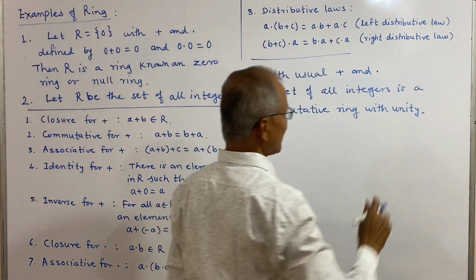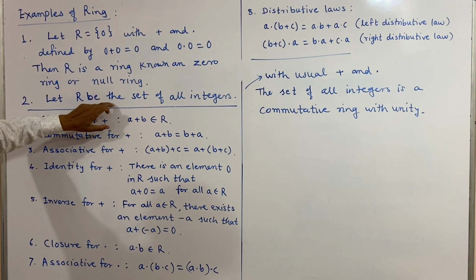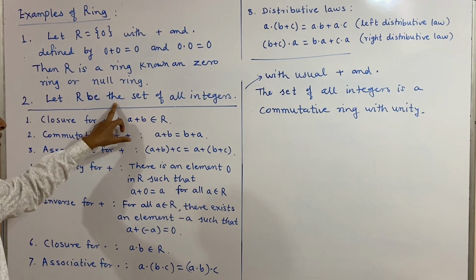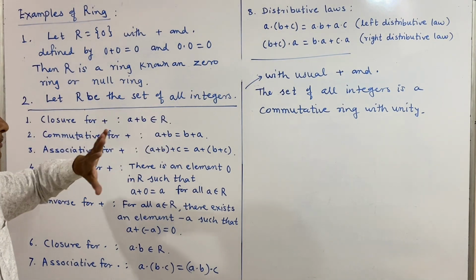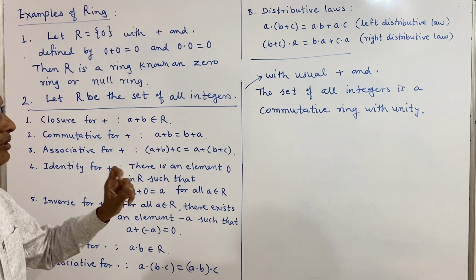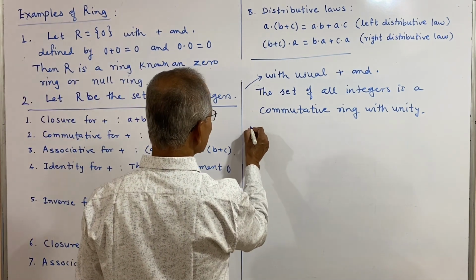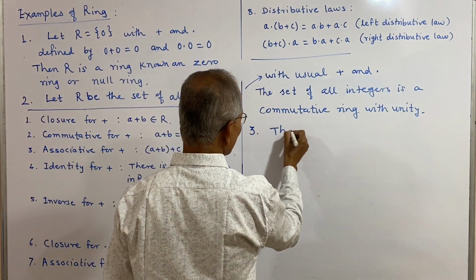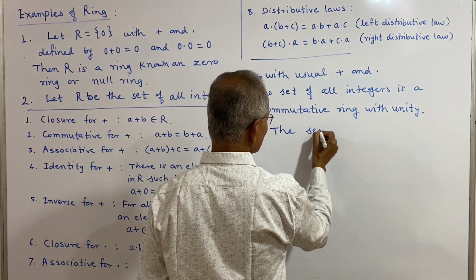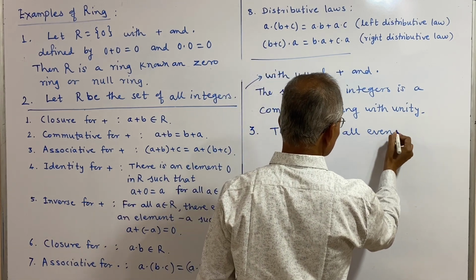So this is our simple example. This is a non-trivial simple example. The set of all integers forms a commutative ring with unity under usual addition and multiplication. Now the third example we shall consider is the set of all even integers.